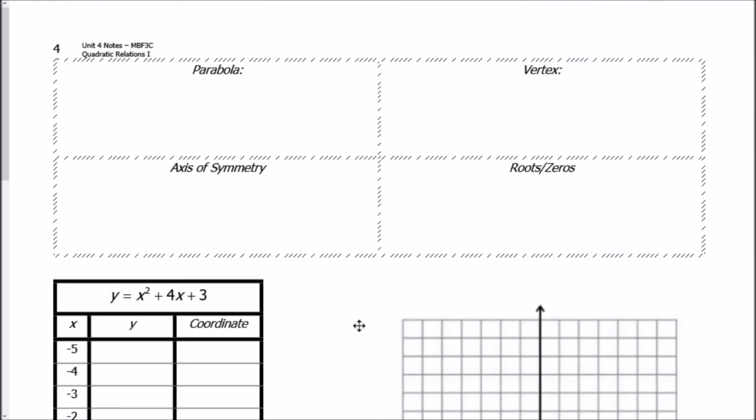Okay. All right, so now let's get some definitions down on the next page. For a parabola, we've already talked about what parabolas are, but let's get the definition down.